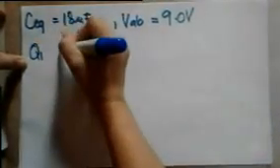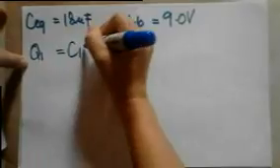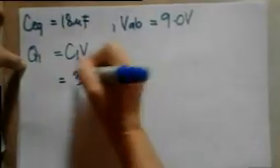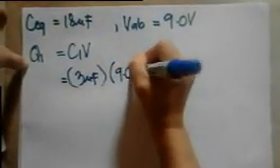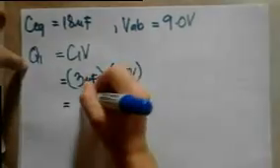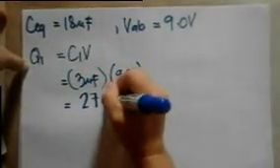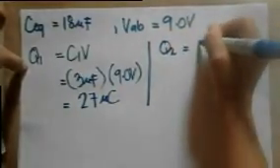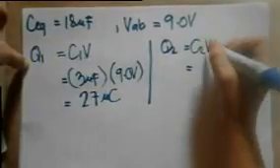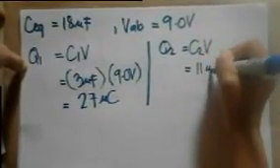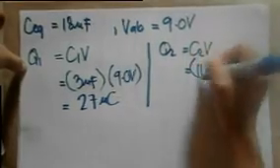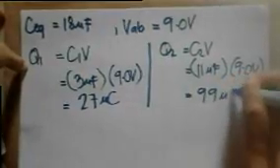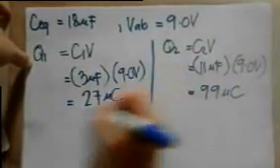For our Q1, we have Q1 equals C1 times V. Our first capacitor is 3 microfarad times our V, 9 volts. This is equal to 27 microcoulomb. For our second capacitor, Q2 equals C2 times V. Our second capacitor is 11 microfarad times 9 volts, and we have 99 microcoulomb for our second charge.